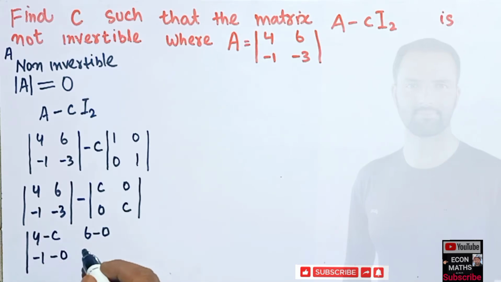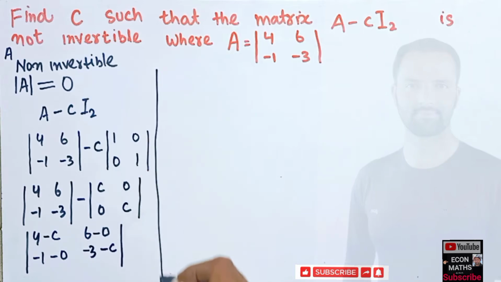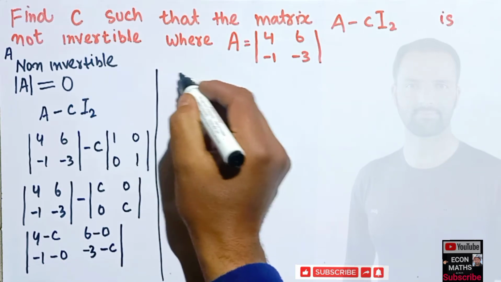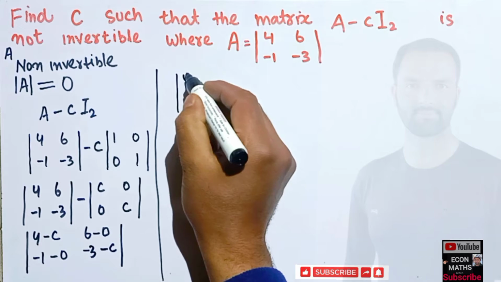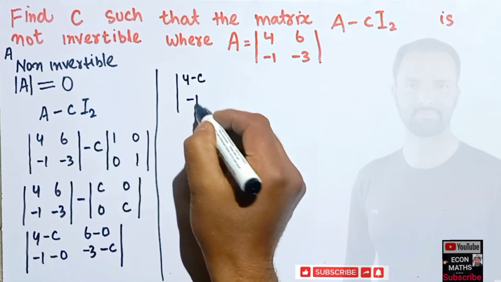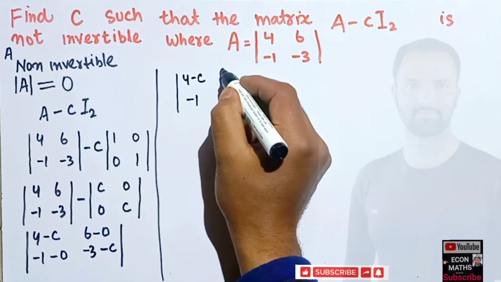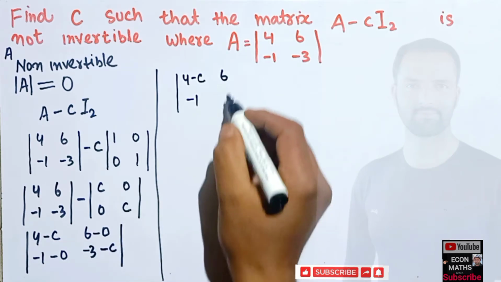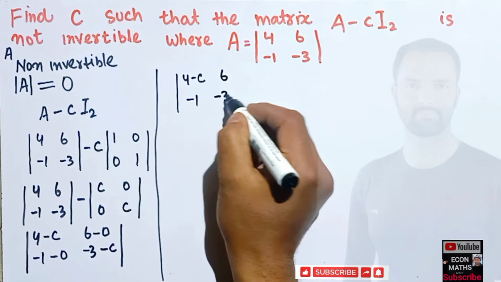And we have minus 3 minus C. So our matrix will be 4 minus C, we have minus 1 minus 0 is minus 1, we have 6 minus 0 is 6, and minus 3 minus C is as it is, minus 3 and minus C.